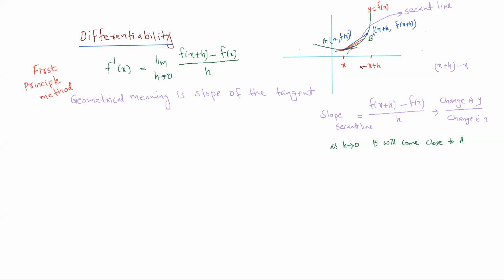That means the secant line becomes the tangent line. That is why the limit of f of x plus h minus f of x divided by h when h approaches 0 is known as the slope of the tangent, and the slope of the tangent is known as the derivative. That is why the geometrical meaning of the derivative is the slope of the tangent.